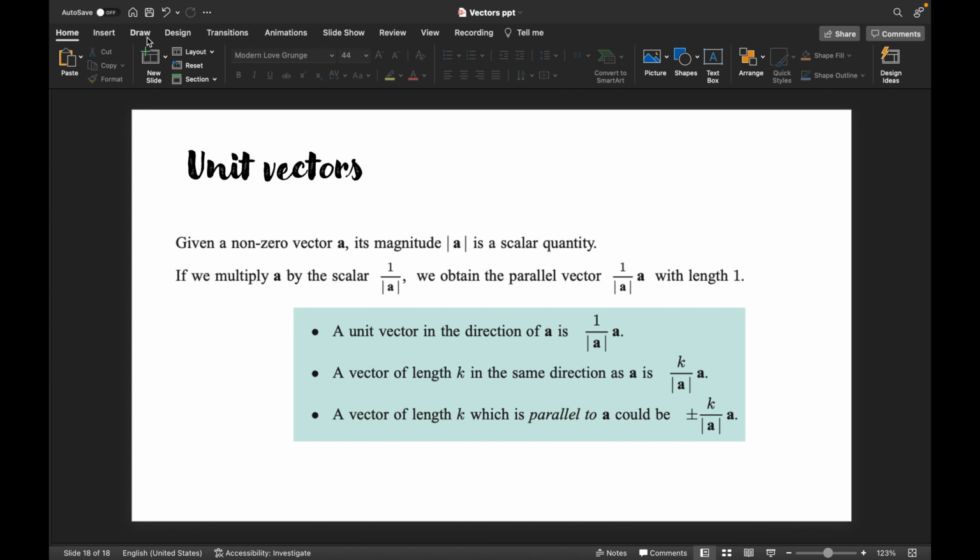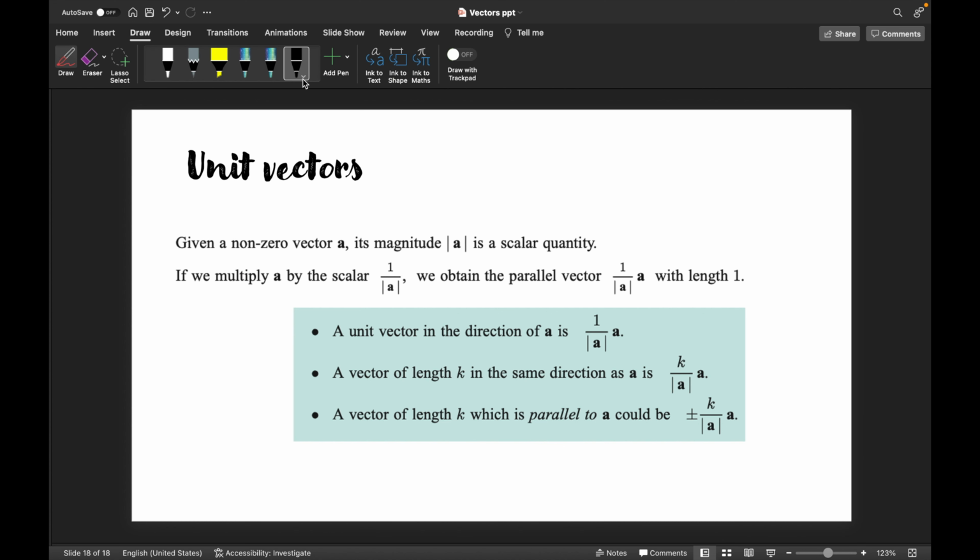If, for example, find the unit vector of, let's say, 3i minus 4j. What do we do? We have to, first of all, find the magnitude. No matter what, just find the magnitude. So let's say this is vector c.